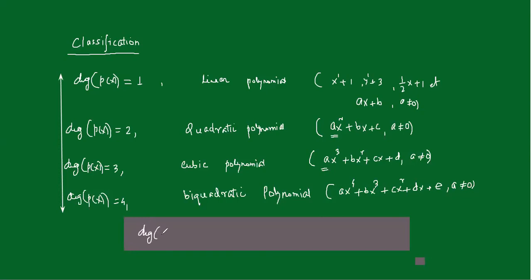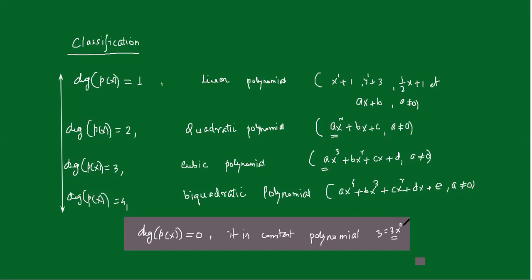If the degree of a polynomial p(x) is 0, then it is called a constant polynomial. That means every number can be considered as a constant polynomial. If I say 3 is a polynomial, yes, 3 is a polynomial because 3 can be written as 3 into x to the power 0.